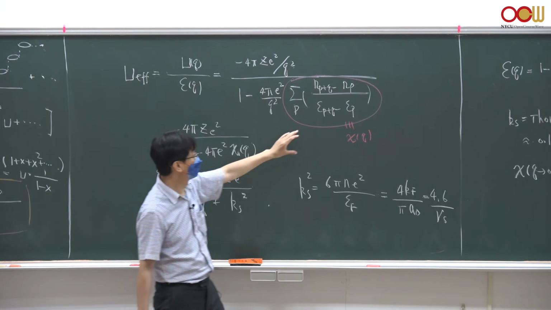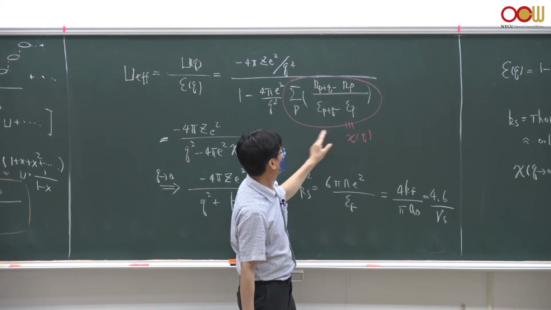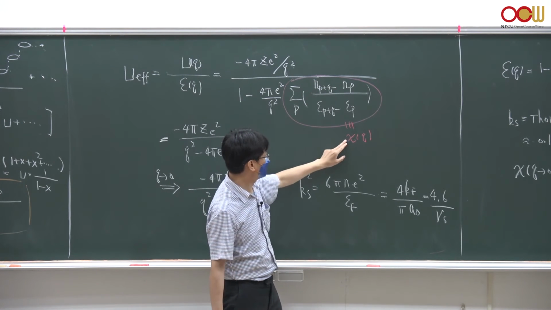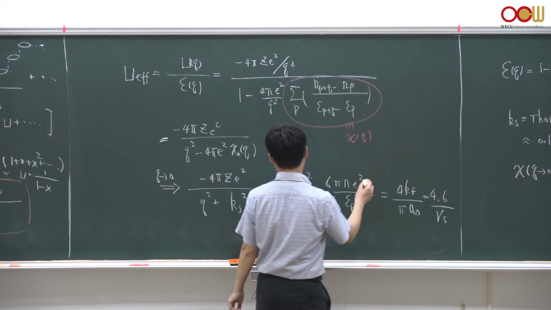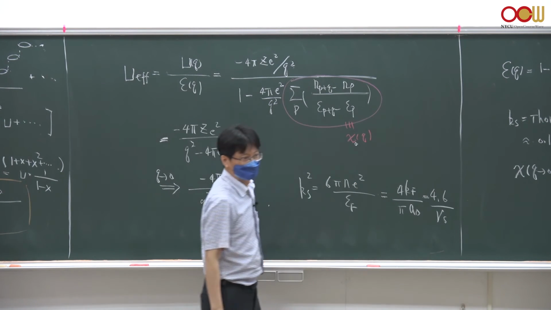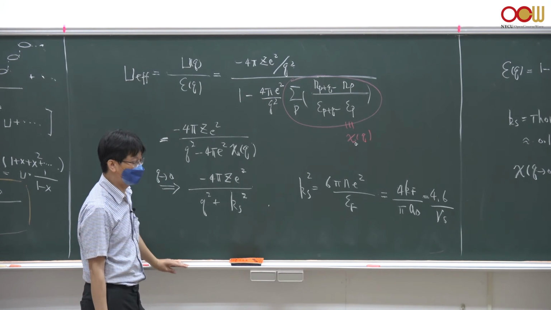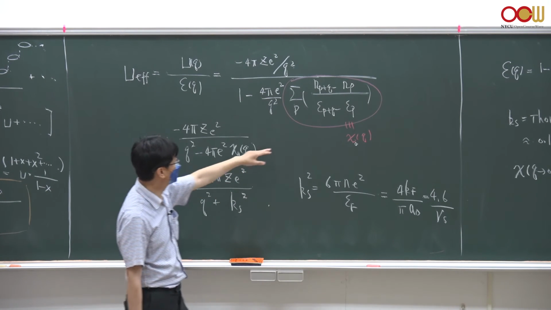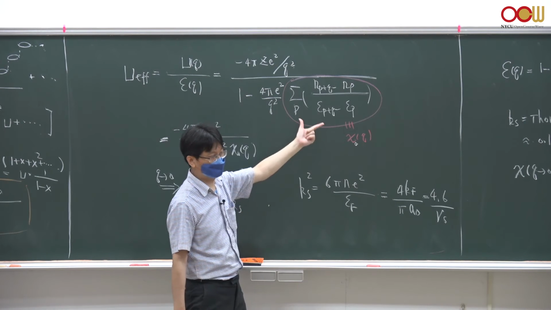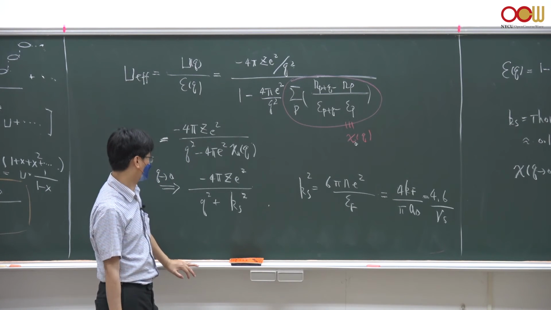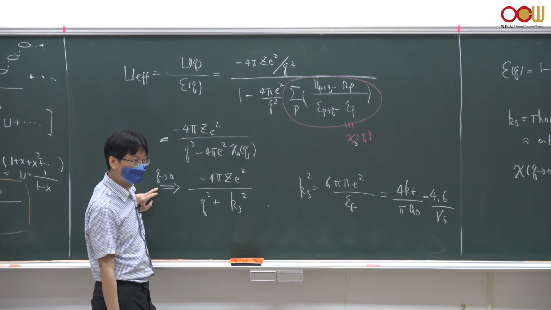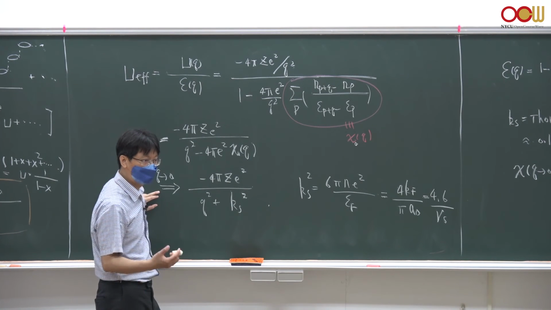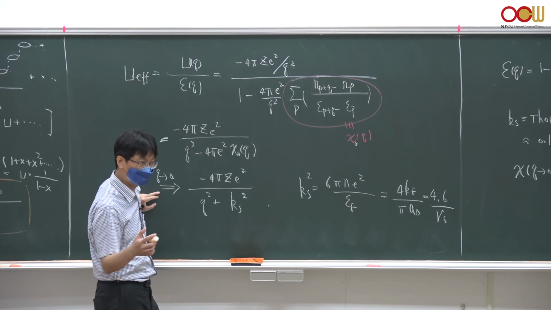And we can define these complicated terms encircled in red as chi 0 of Q, which we'll call the charge susceptibility, but here it is just some number or quantity, which depends on Q. But in the Q goes to 0 limit, remember we are talking about the long wavelength, small momentum transfer limit, where plasma oscillations occur.